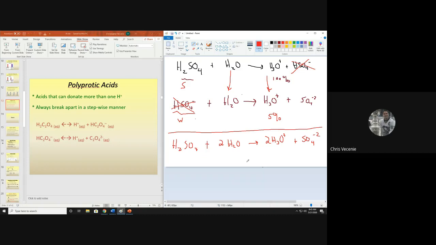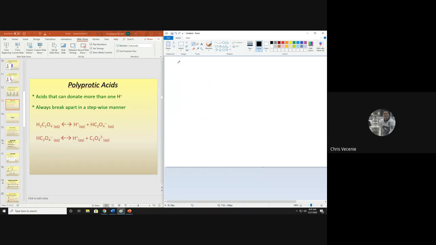All right, and then the last thing I want to talk about on this is the names of these things. I always add this to this slide when we have it in class. So if you can give one hydrogen away, you are known as monoprotic. So HCl is a monoprotic acid. If you can give 2 H's away, you are known as diprotic.